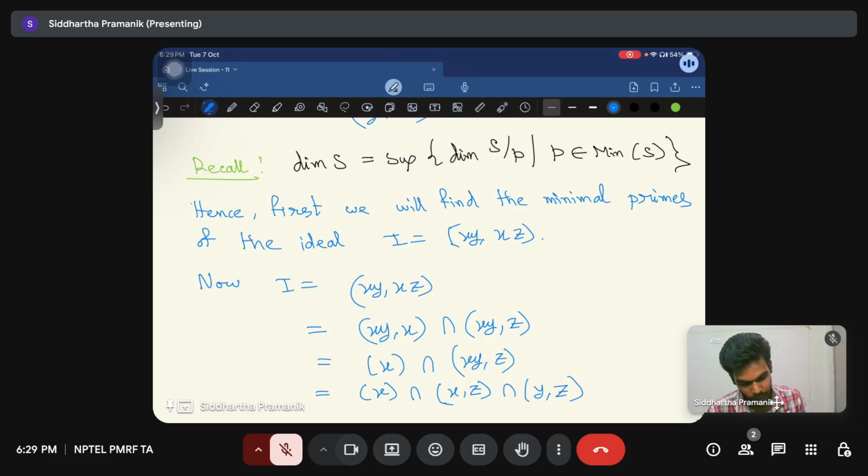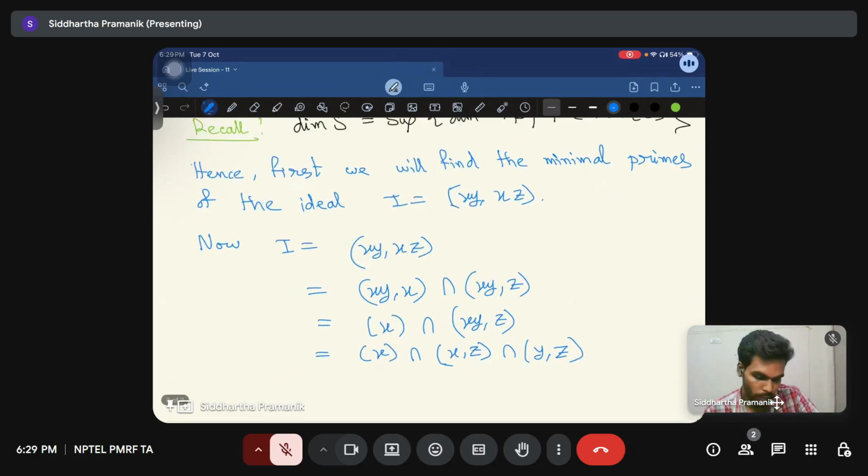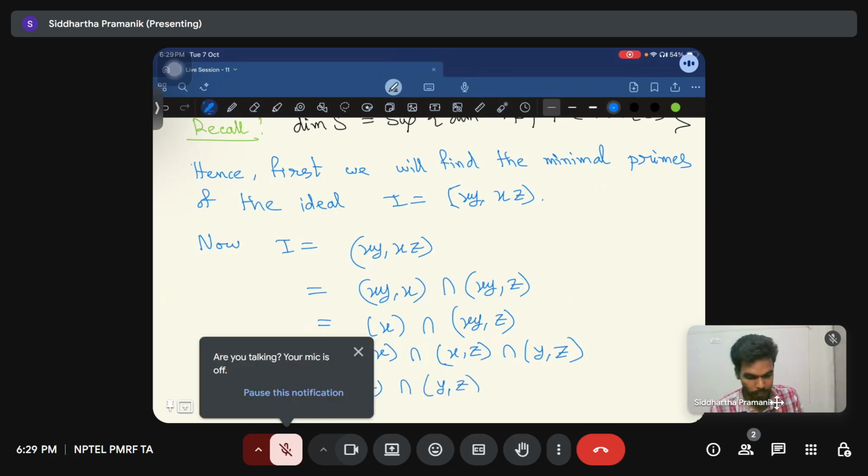Now we need to cancel out the irredundant parts. In the ideal (x, z), multiples of x are already here and multiples of z are already in here, so this part is redundant. So this is basically the ideal (x) intersection the ideal (y, z).